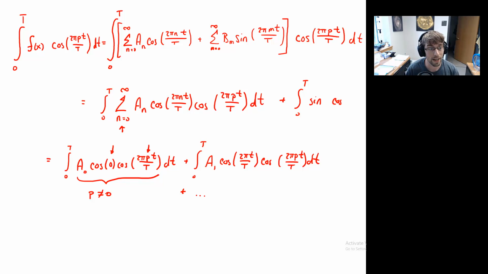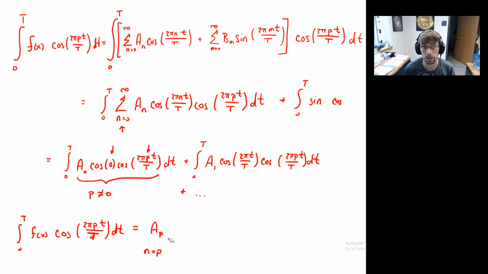And so I can now write the integral from 0 to T of f(t) cosine of 2 pi p t over T dt is equal to, all the other terms are 0 except for one term where n is equal to p. So I usually have a_n, I will now set it equal to p.